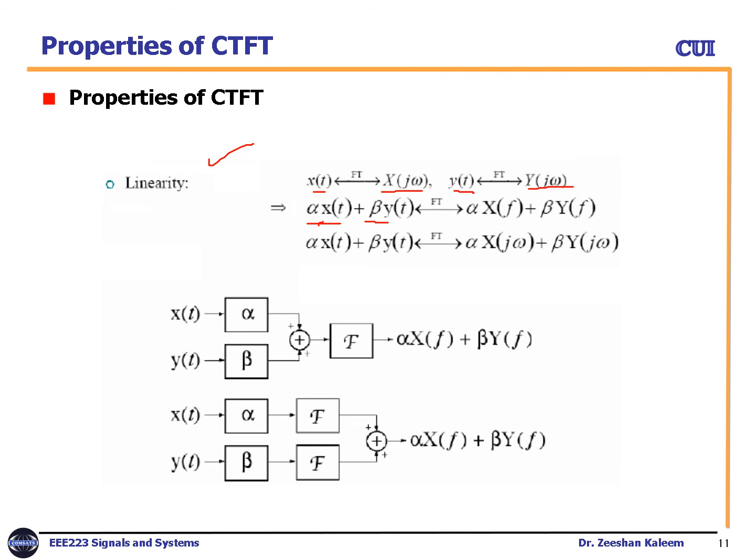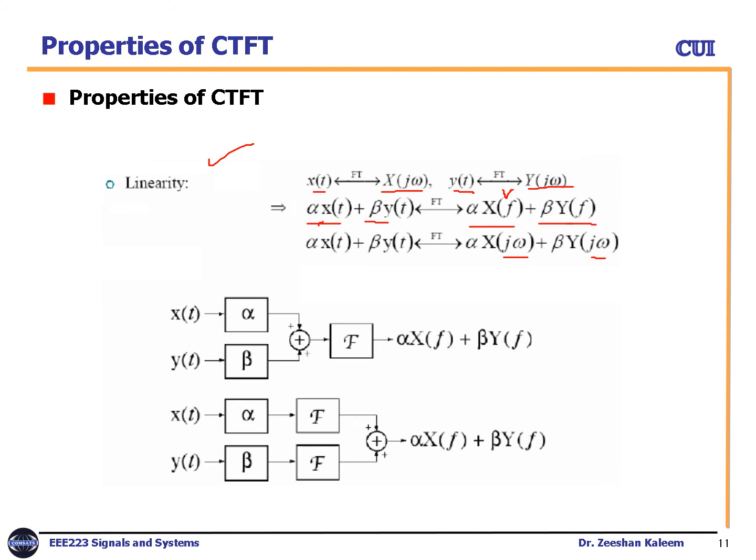It is equivalent to multiplying the Fourier transform of x(t) by alpha and the Fourier transform of y(t) by beta in frequency domain and adding them. You can write it in this way, or similarly in the j omega domain. So this is linearity and this is the mathematical representation.